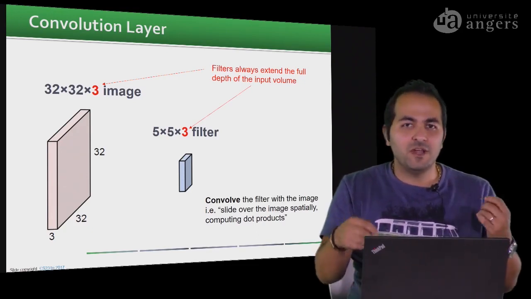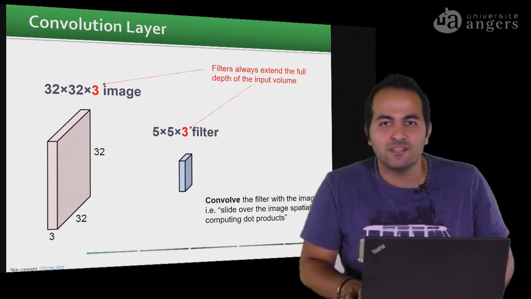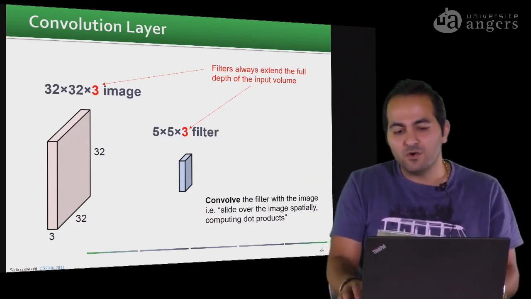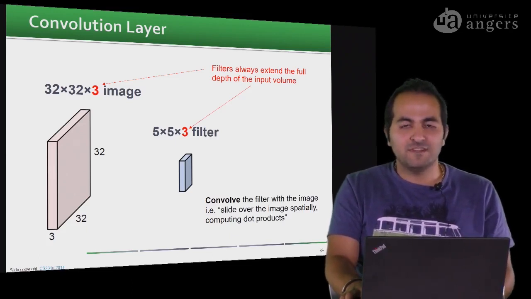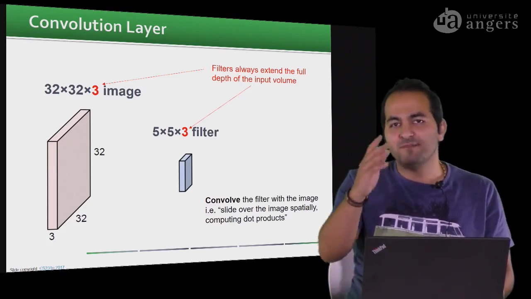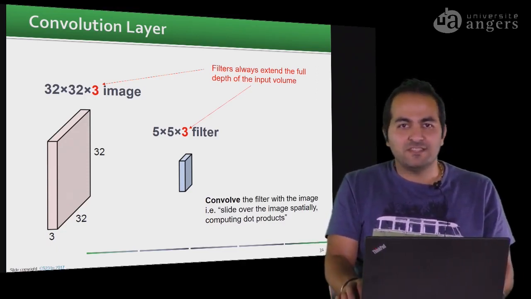For those who are less familiar with how convolution works, we apply a filter. The filter can be of any size, 5 by 5, 3 by 3, or 7 by 7.